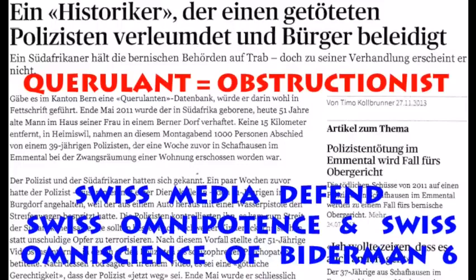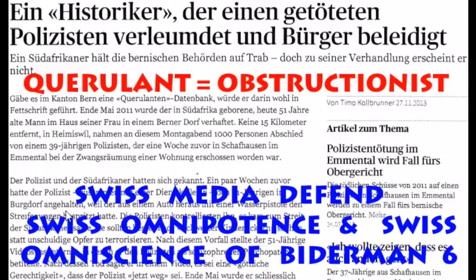So I was sort of obstructing the Swiss way, you see. And here it says Querulantendatenbank. That means the obstructionist database. They want to make a database, putting all the obstructionists in there.